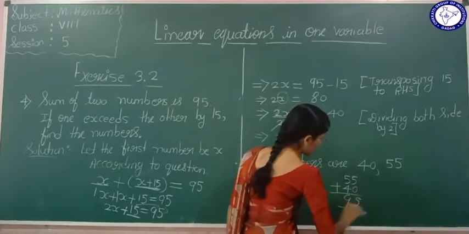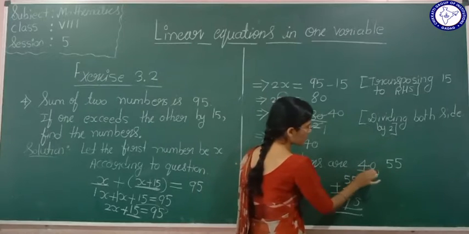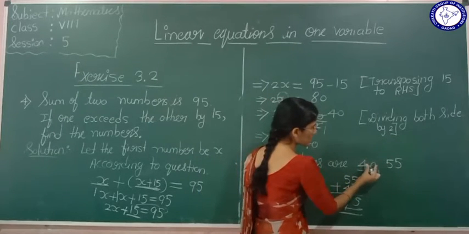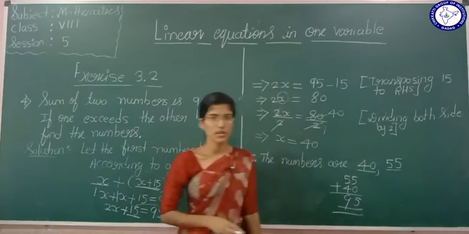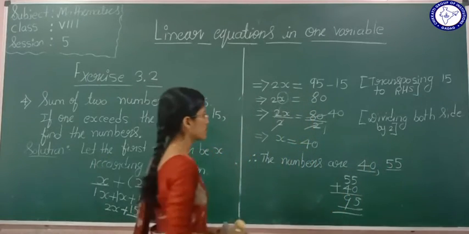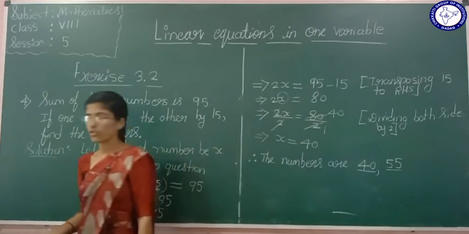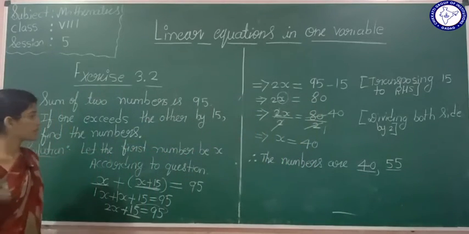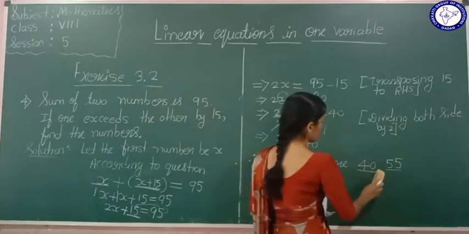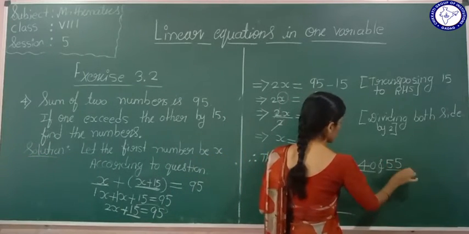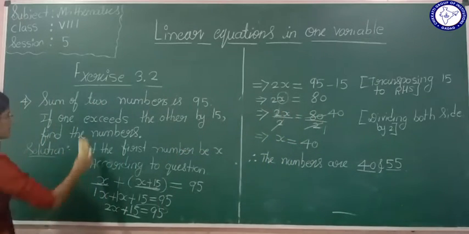Is it not 95? Yes. And first number is 40 and the second number is 15 more than the first number. Yes or no? This is what we got. It is correct. Therefore, the numbers are 40 and 55. Okay. Now we will see the next problem.